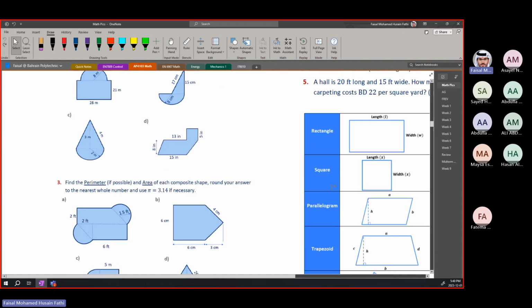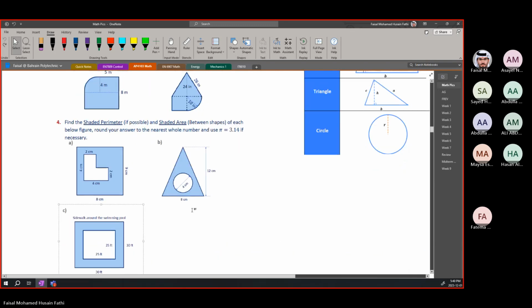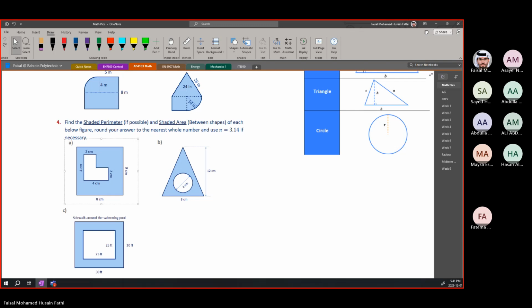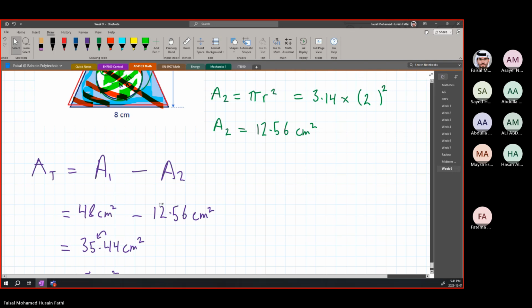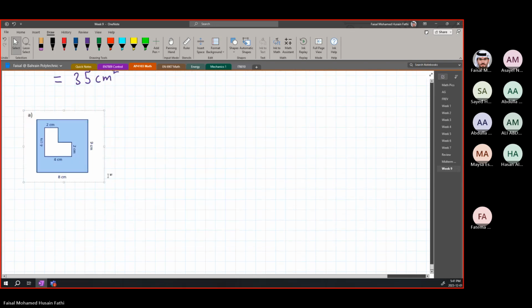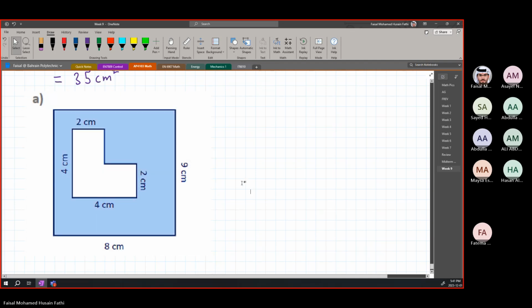Because I'm going to do one more and I want to go directly to the word problems. A or C? A? Okay, let's do A then. Okay.